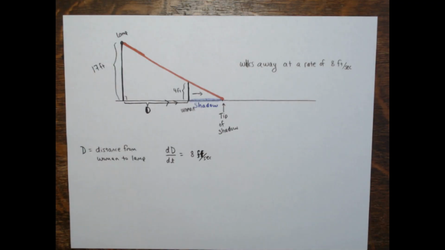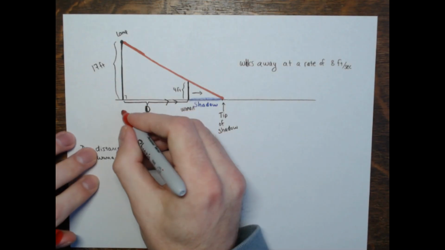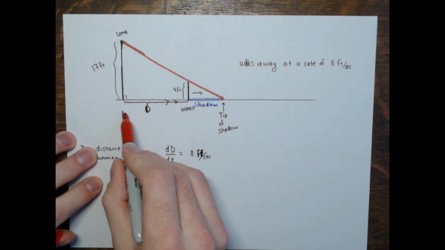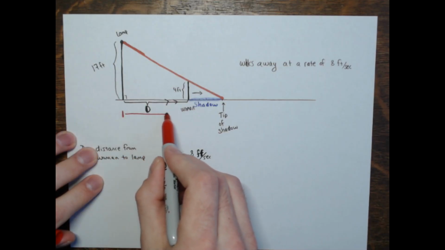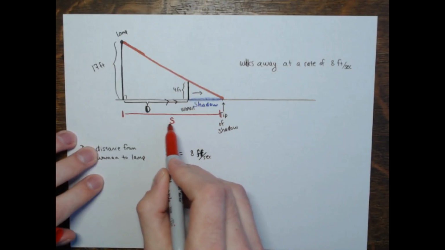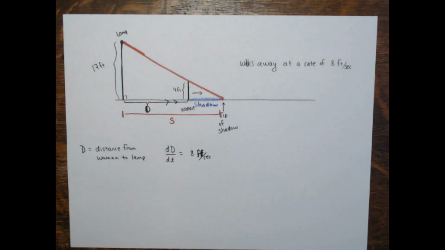Now the question is about this distance here, the distance from the base of the pole to the tip of the shadow. I'm going to call this S, for shadow distance.